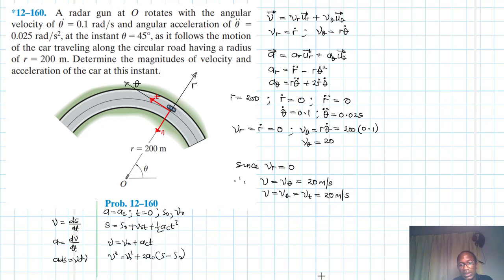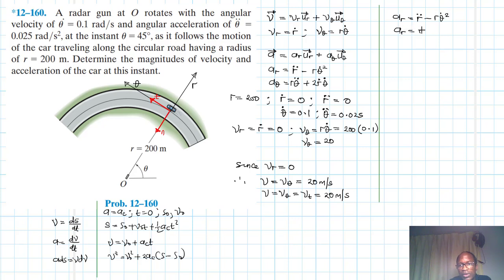Let's go to the second step. This is the velocity at which our car is moving, that is being monitored by this radar gun. So let's move on to the next step. We have a_r, which is just equal to r double dot minus r theta dot squared.